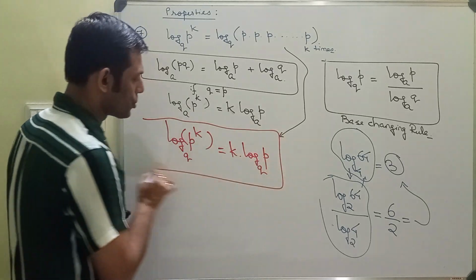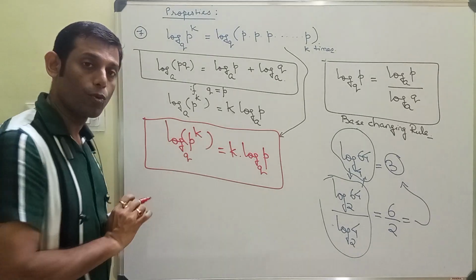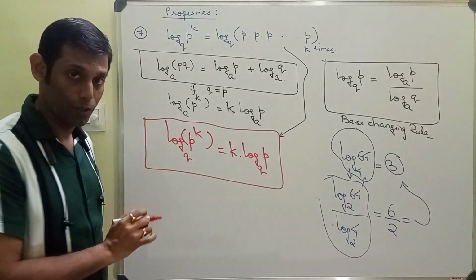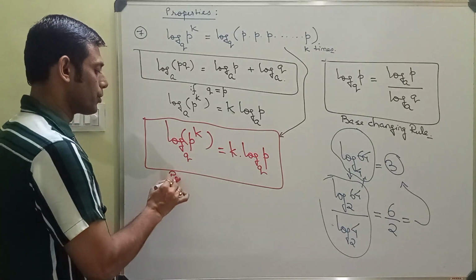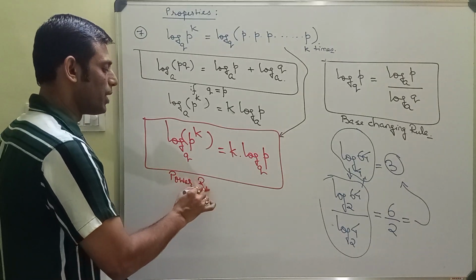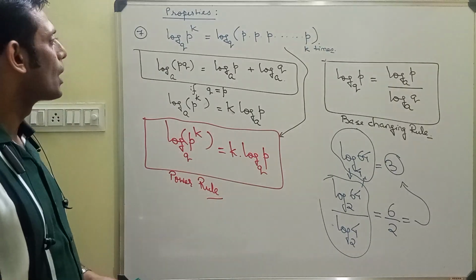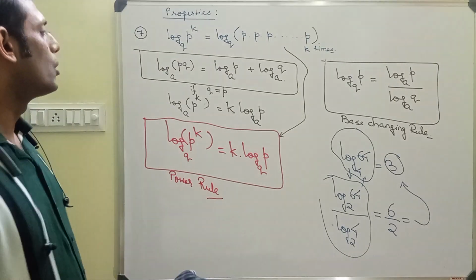That means the power is going to get shifted as a numeric coefficient or multiplier, and this is the power rule, the powerful rule of log. Let's go to the next rule then, rule number 8.